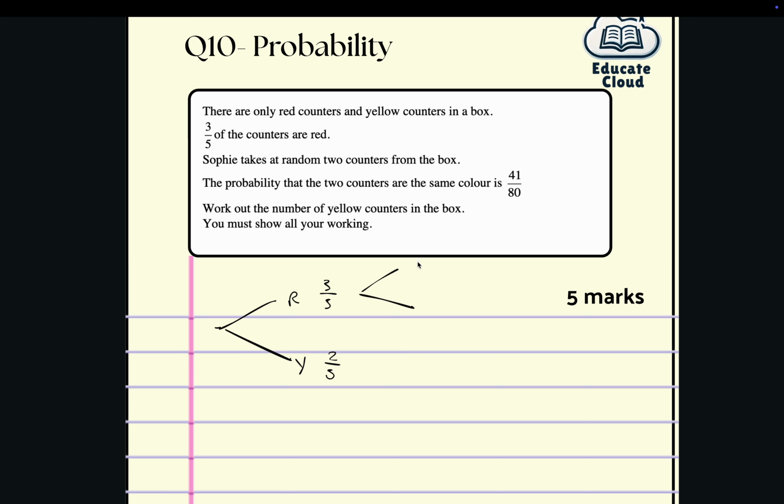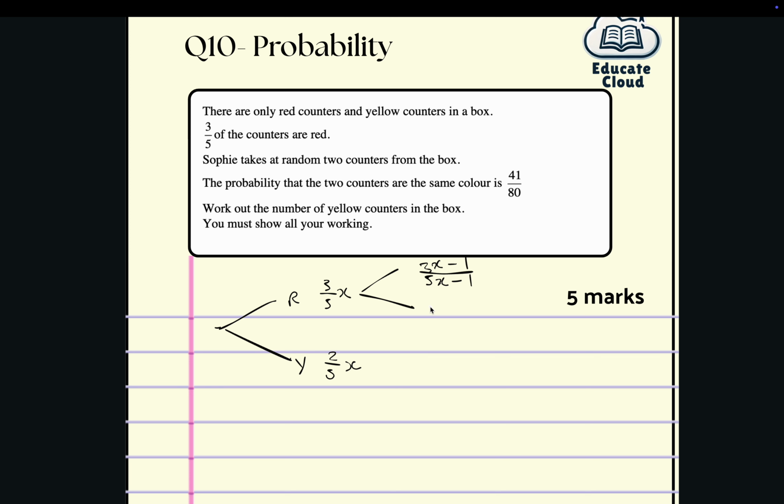Okay, this could be a bit tricky to think about actually. Okay, but let's just write it as 3x minus 1 over 5x minus 1. So let's think of it all as x, because we know the total. We want to work out the number of yellow counters in the box.